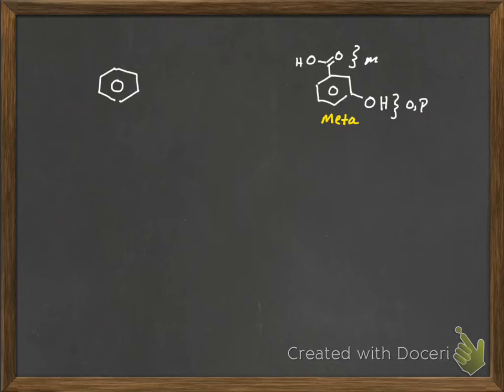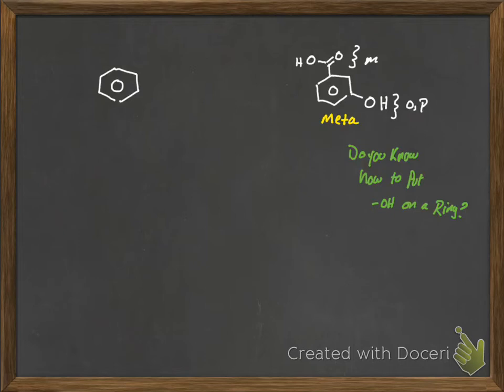But there are a couple other hitches here I want you to be aware of. Thing one, do you know how to put an OH on a ring? What do you think? Do you all know how to put an OH on a ring?